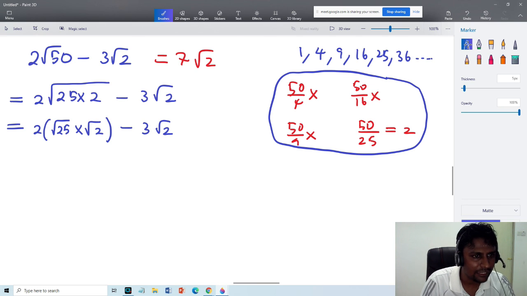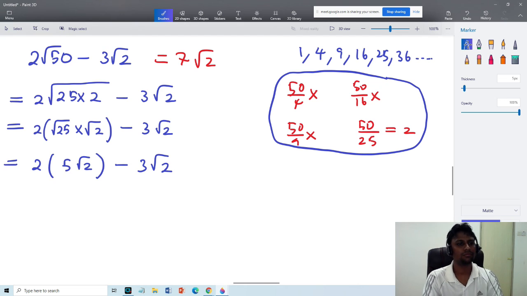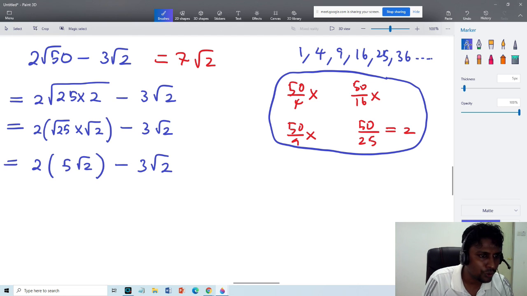Square root 25 becomes 5. So 2 bracket 5 times square root 2 minus 3 square root 2. The 2 in front of the bracket means multiplication, so 2 times 5 we get 10. So 10 square root 2 minus 3 square root 2.